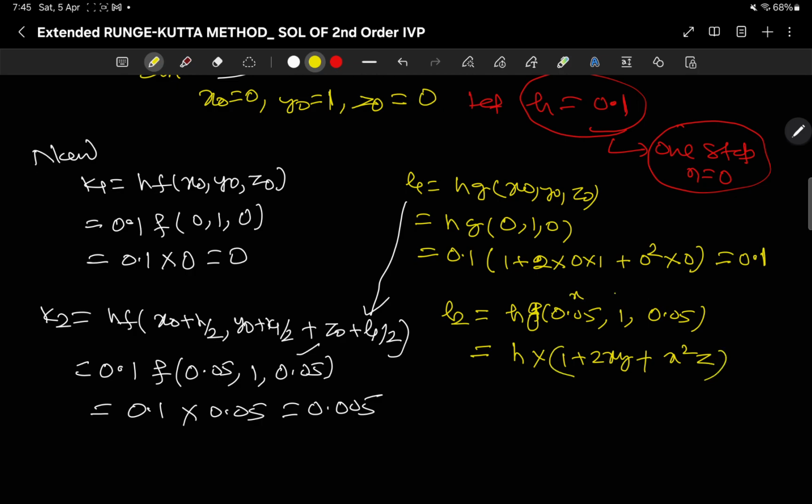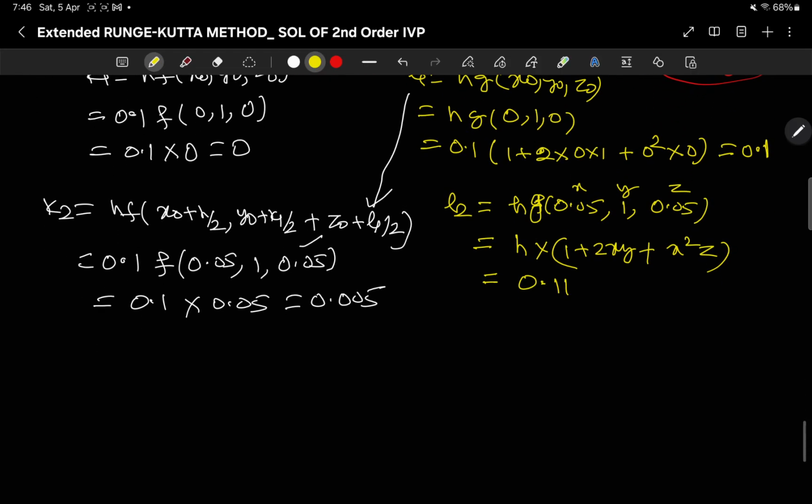It is here x, it is here y, it is here z, and if you simplify it, here L2 will be 0.11.